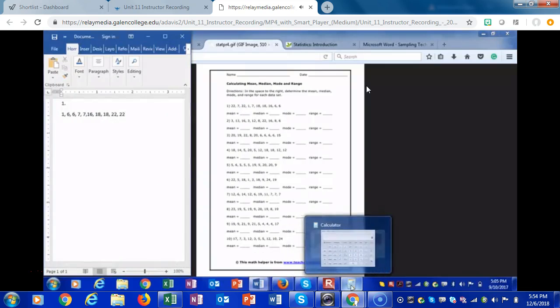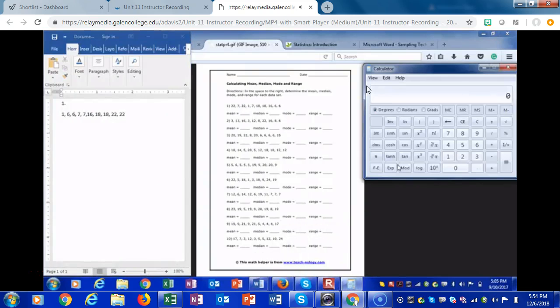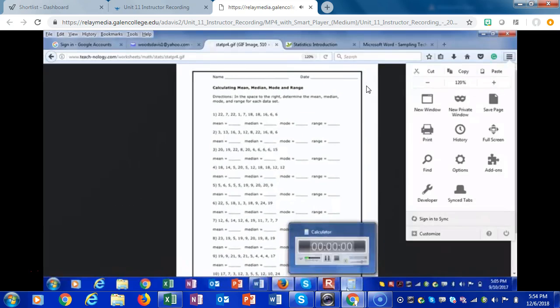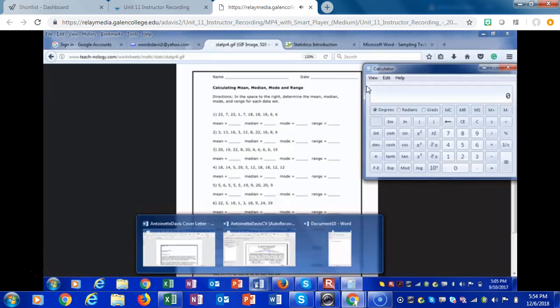Now that we have this, we found out that there are 10 numbers in this area. So because there's 10 numbers, let's add them up.